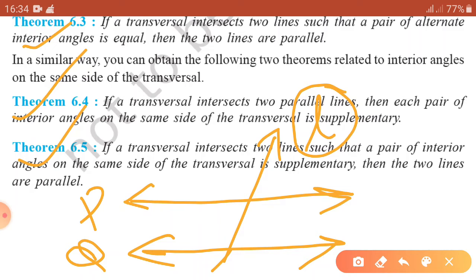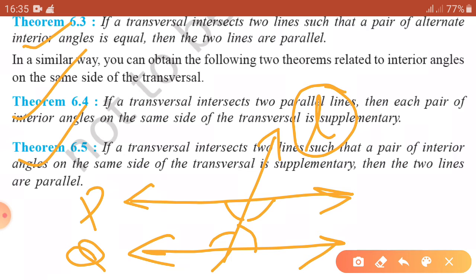Interior angles on the same side of the transversal here are angle 4 and angle 5.